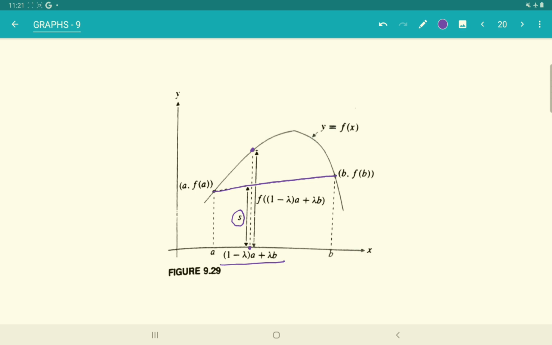It should never be greater than f of 1 minus lambda a plus lambda b for all lambda belonging to 0 to 1, both inclusive. So we have this.